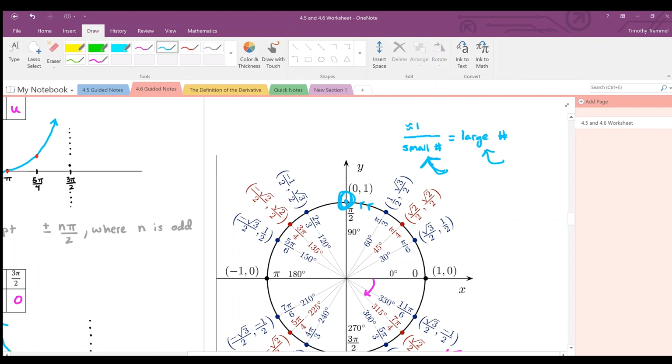And if this argument doesn't prove to you that there's going to be a vertical asymptote there, you could actually try to plug in, say, tangent of pi over 2 minus some really small number. And you should be able to see that this is equal to a large number. And you can keep making this number that you take away smaller and smaller and smaller. That way you're getting closer and closer to pi over 2.